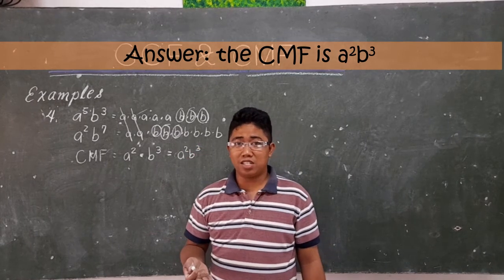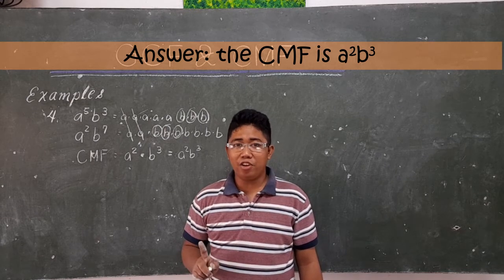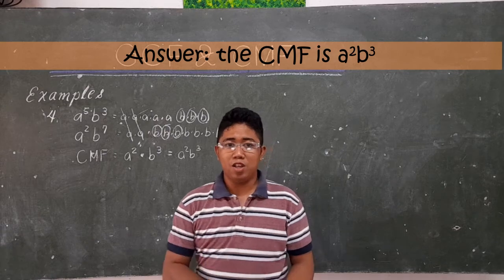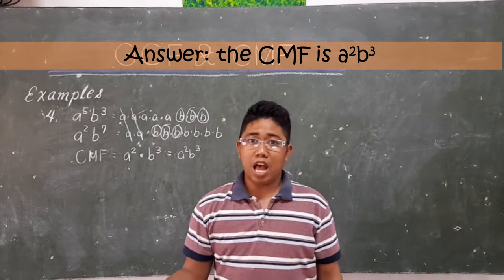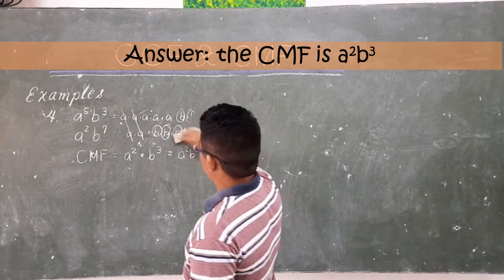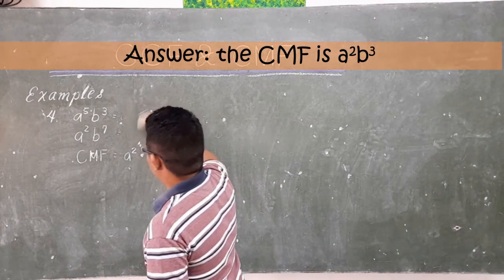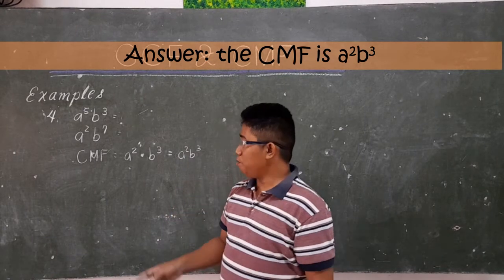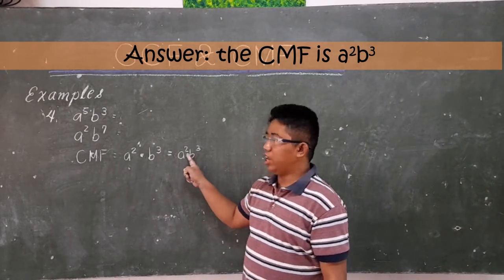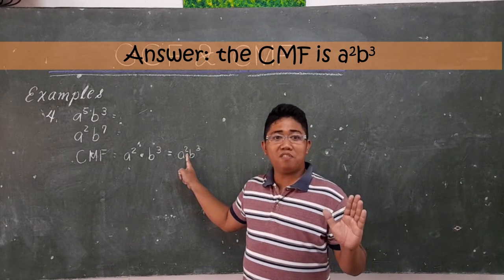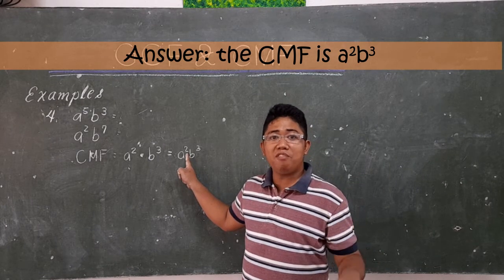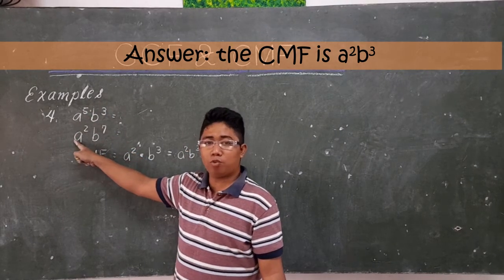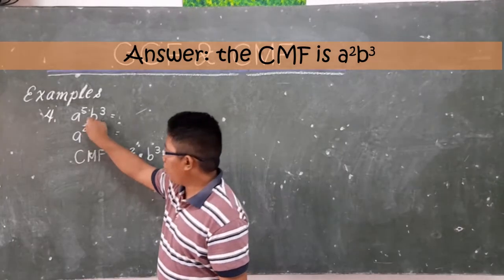Did you get it, students? There is another shortcut for finding the common monomial factor of these two monomials. I will erase some of these factor forms in order to get the shortcut method. Since we found that the common monomial factor is a squared, by comparing the exponents of every variable, between a to the 5 and a squared, we get a squared.